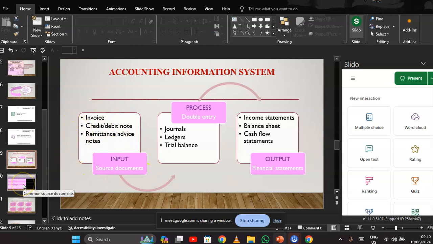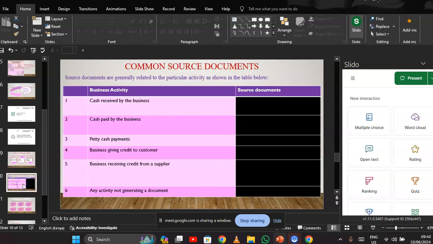Now, I want us to recap what we have presented on the screen. What I have presented there is a table. I have written on one column the business activity, and on the other side, the source document. You will write on the screen depending on the activity.